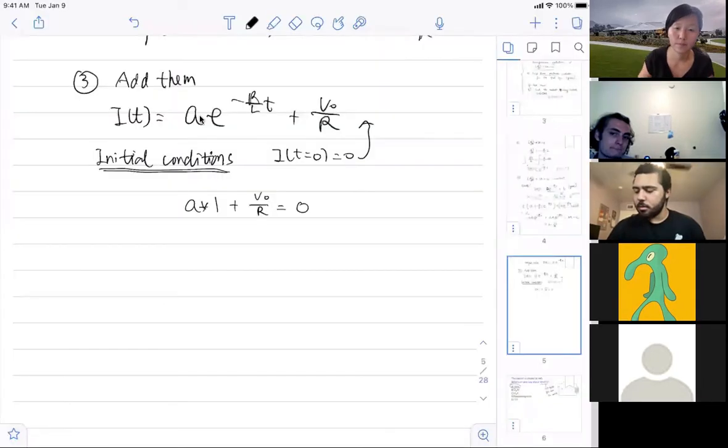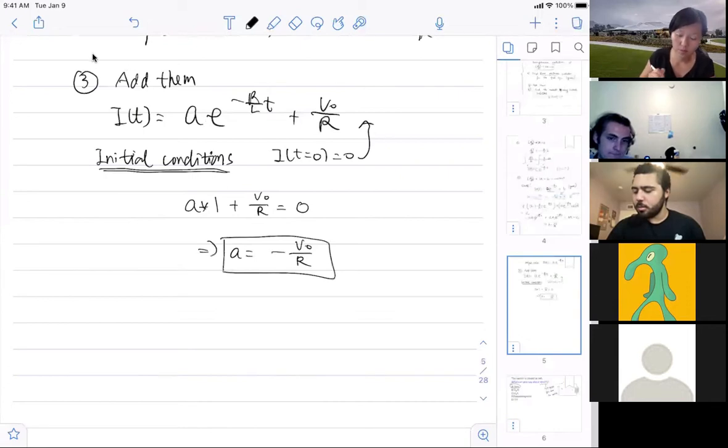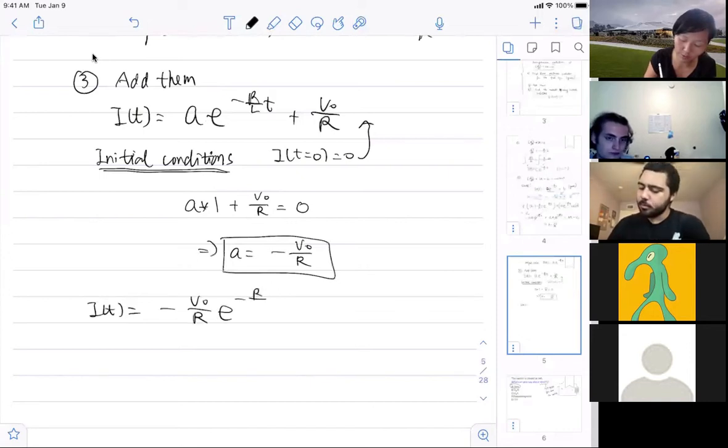Give me 1 second. My writing was not updated in the share, so I need to share it again. Okay, so what is constant A? Constant A is negative V naught over R. So in my current, my solution is negative V naught over R times e to the power of this, plus V naught over R. So it becomes V naught over R times 1 minus e to the power of this.